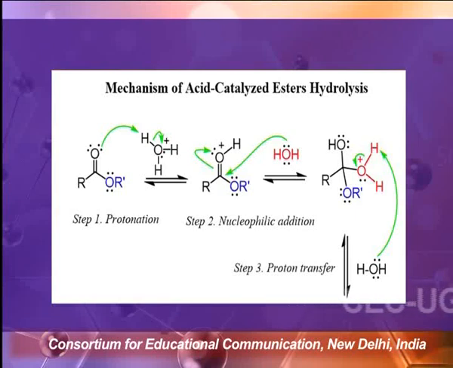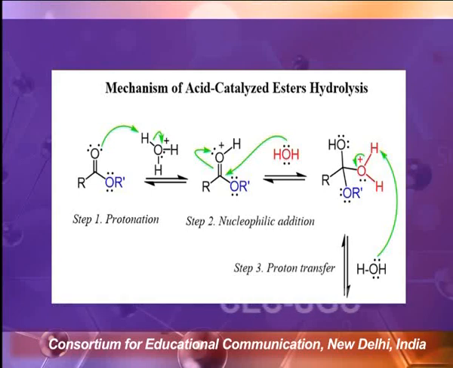So we are making the carbonyl carbon electrophilic. Here the nucleophile attacks this electrophilic carbon. And what is the nucleophile over here? The water molecule with its lone pair of electrons. So you will get the tetrahedral intermediate, right? In the third structure you can see carbon with four valency, a tetrahedral intermediate.